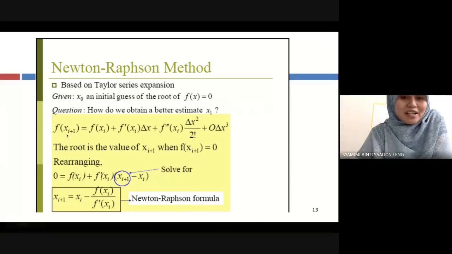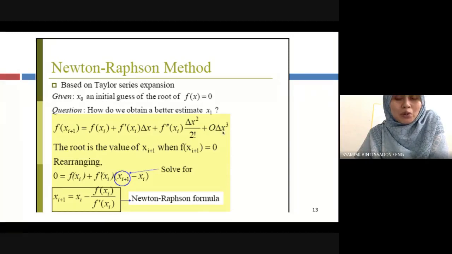f of xi plus 1 is equal to f of xi plus f prime of xi times the interval of x, plus f double prime, second order and third order, etc. Actually, we can continue. The next term will become f triple prime, the third order, of xi times the interval to the power of 3 over 3 factorial, and then continue.